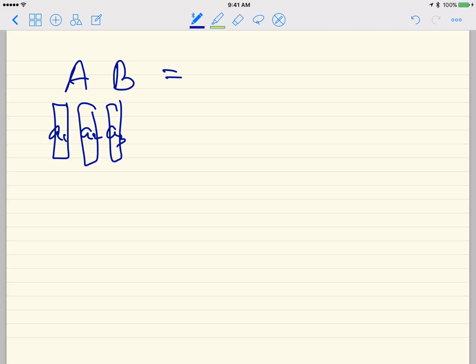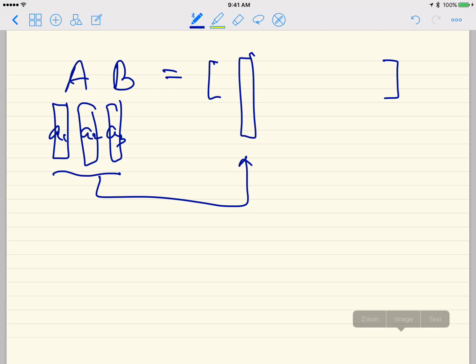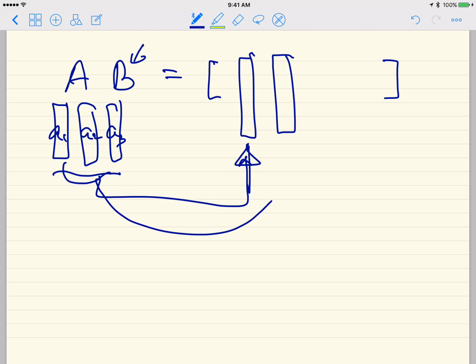Then we learned the resulting first column is a linear combination of these, right? Using some linear combination coefficients from B, we form the first column. And then the second column is another linear combination of these three.